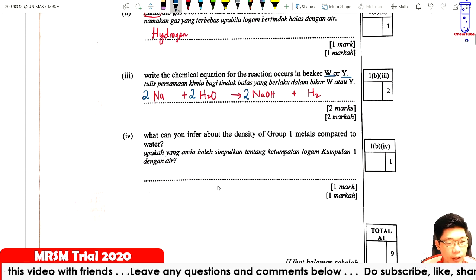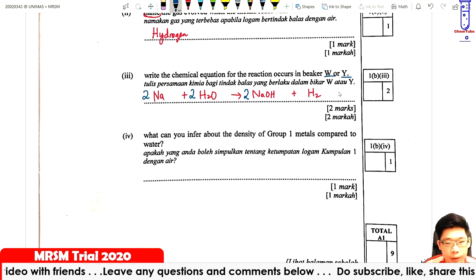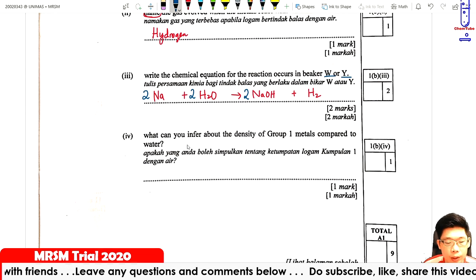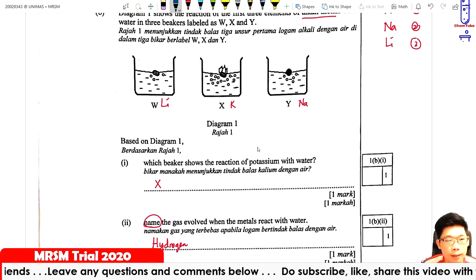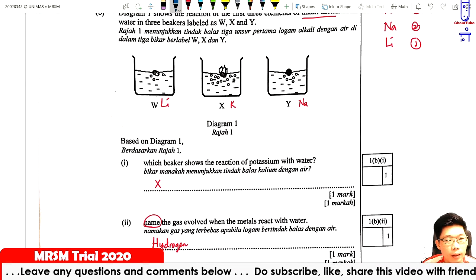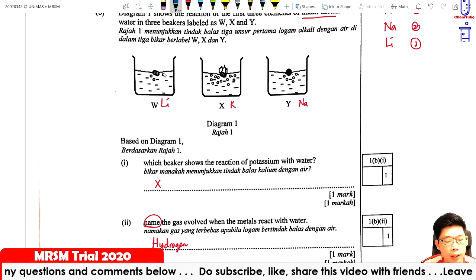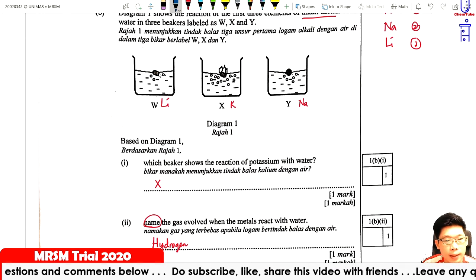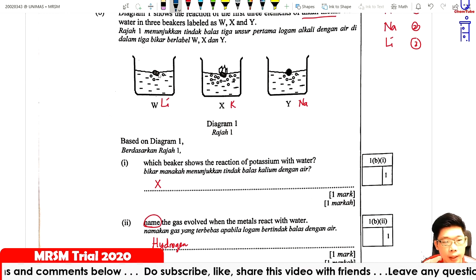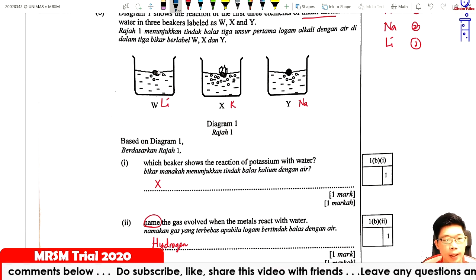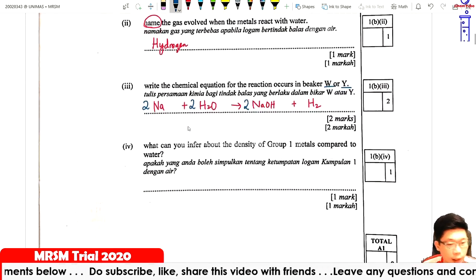So what can you infer about the density of the group 1 metals compared to the water? So you can see the metal floats on the surface of the water, meaning that the density of the alkali metals is less than the water.